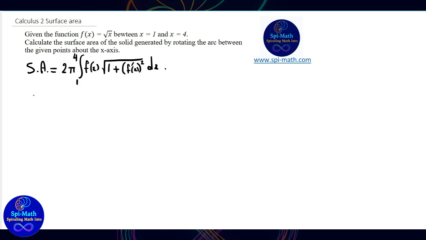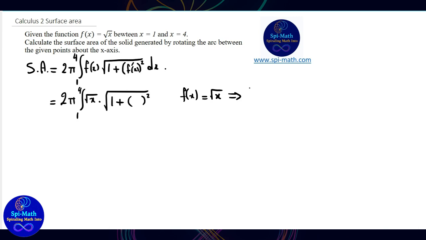We will start by substituting everything we have in our question. So this is the 2 pi integral from 1 to 4 of radical x times radical 1 plus, here we will put f prime squared. We have f of x equal radical x.